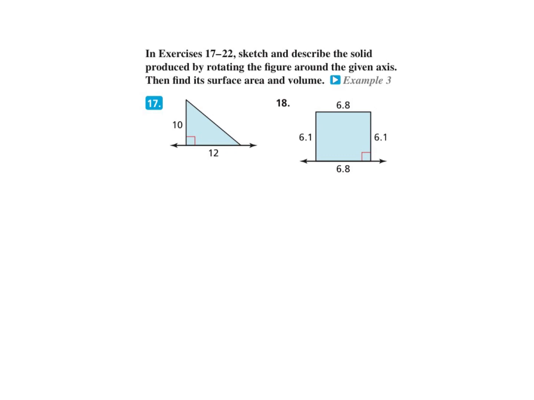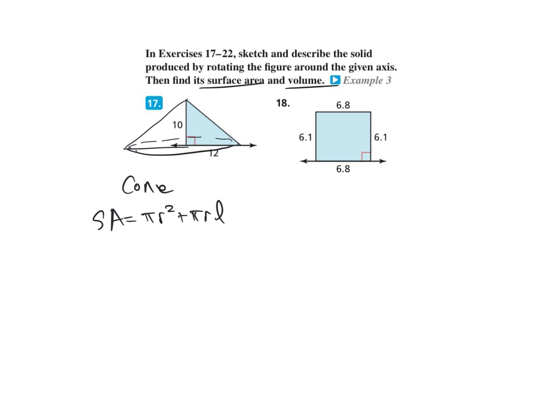Now we're going to sketch this. I'll just continue this, draw my ellipse, so we get a cone, and then it says find the surface area and volume. The surface area of a cone is pi r squared plus pi rl, and the volume we'll do in a second.